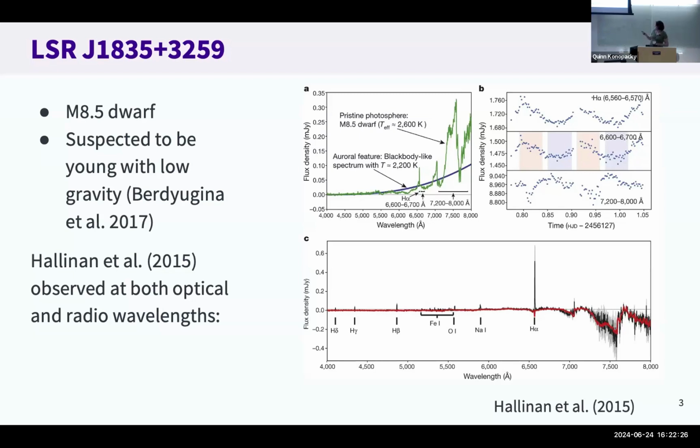When modeling the variability in plot C, they found that the surface feature could be really well approximated using a blackbody spectrum. To explain why this blackbody approximation worked, they speculated that what we're seeing is an optically thick region, with the opacity source being H- ions, the population of H- ions being enhanced by the presence of the auroral electrons.